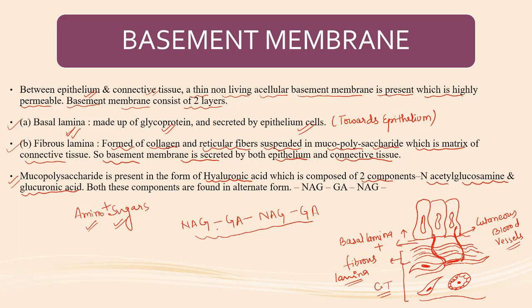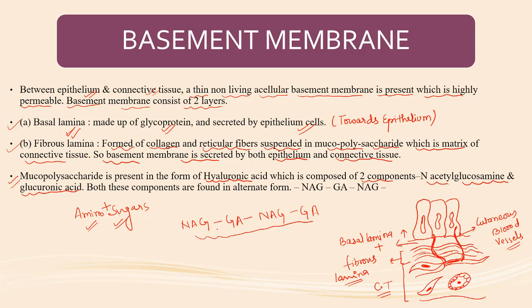Different abrasive substances are kept from getting an entry. So basically, the basal lamina, the top part of the basement membrane, is very delicate. That is the basal lamina, made up of glycoprotein and secreted by epithelial cells. But the fibrous lamina is made up of fibers, which hints that it has a connective tissue origin.